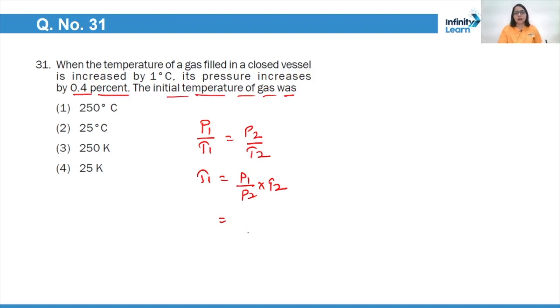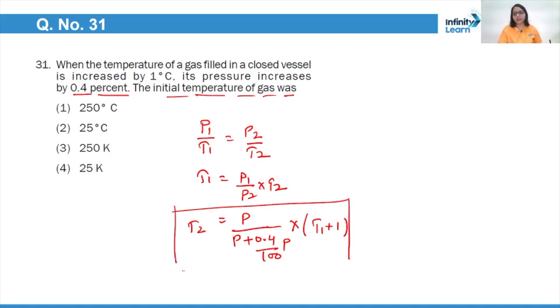So, this will be P1 is let's say P, and P2 is P plus 0.4 divided by 100 into P, and T2 is T1 plus 1 because we are increasing by 1. So after solving this equation, you'll get the value of T1 as 250 Kelvin, which is option 3.